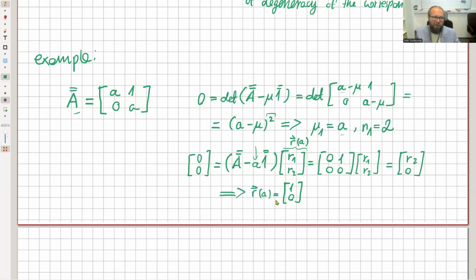This is just not enough to form the basis, right? This is the illustration of a defective matrix: not enough eigenvectors to form a linearly independent set that could be used as a basis for the space.